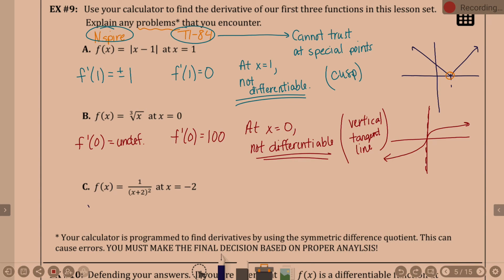Now find the derivative at -2. Zero. What do our calculators say? 0.